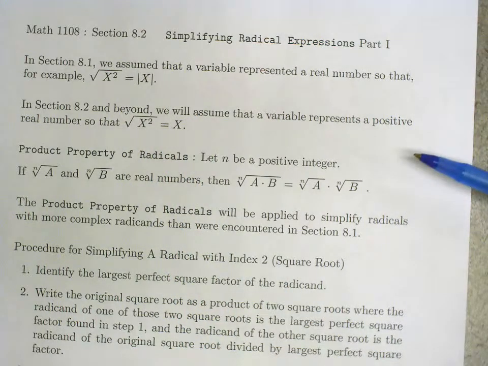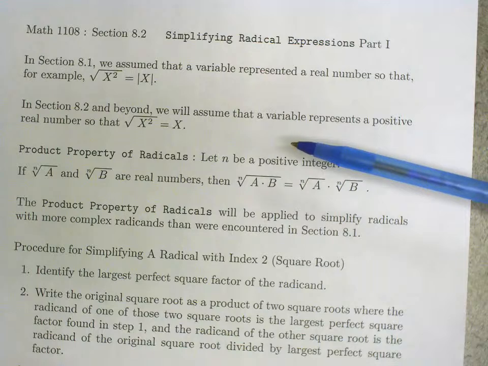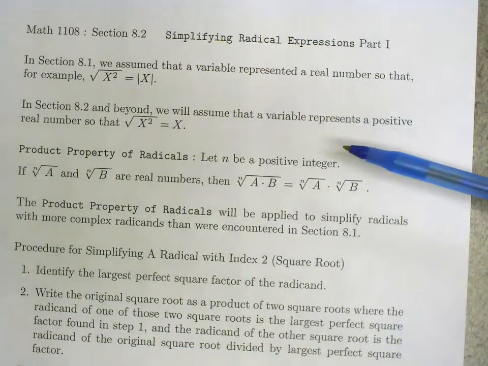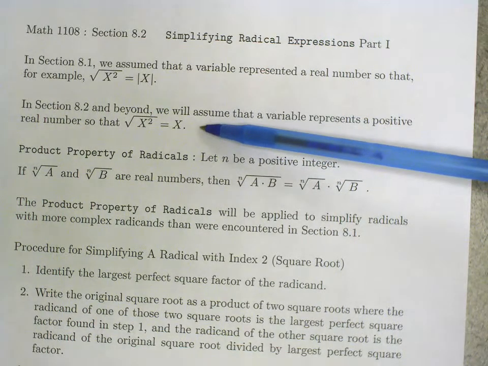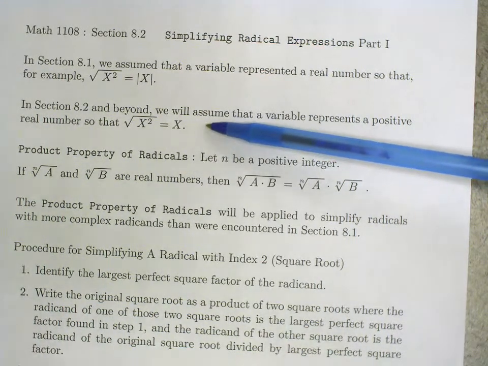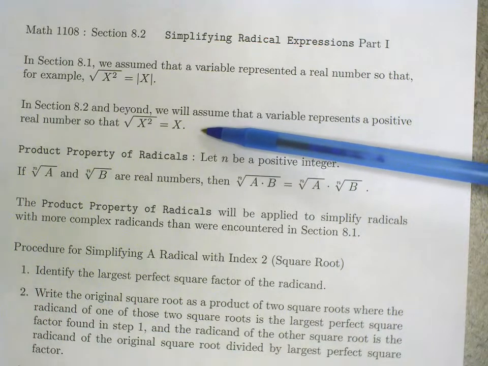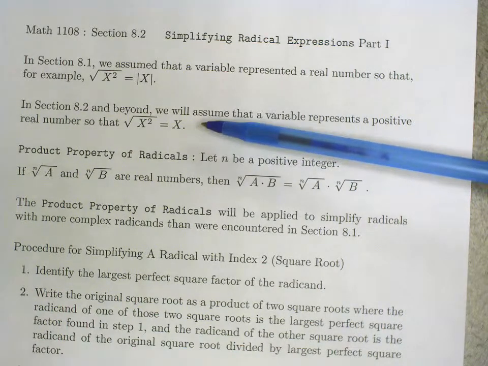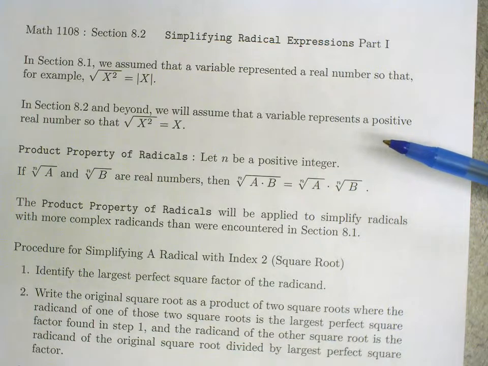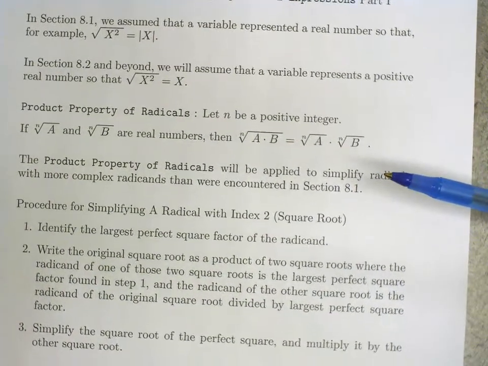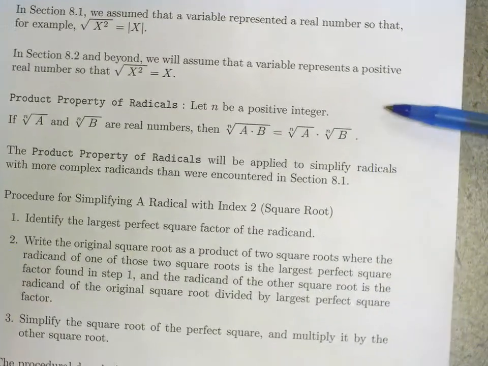But in section 8.2 and beyond, we will assume that a variable represents a positive real number so that the square root of x squared is just equal to x. It won't be necessary to use the absolute value symbols if we're already assuming that x is positive. If you use the absolute value symbols, it's still correct. It's just not necessary. Okay, today we'll talk for a while about the product property of radicals.